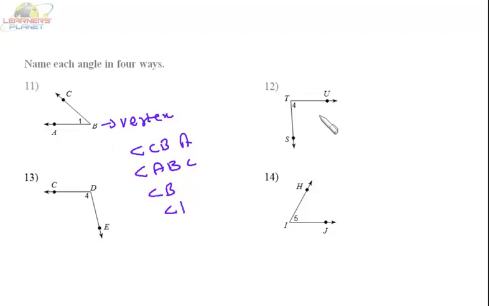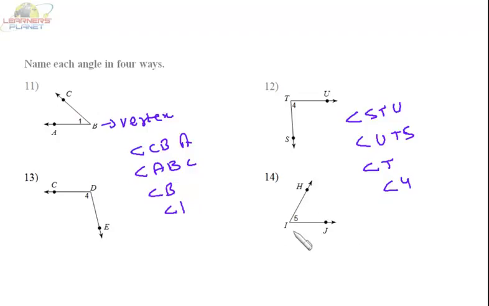Similarly over here, just put the vertex in the middle. It's angle STU. This is the sign by which an angle is presented. So it is angle STU or angle UTS or angle T or angle 4. It's quite simple. Similarly, you can present this.